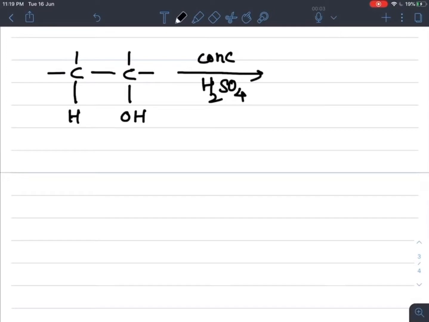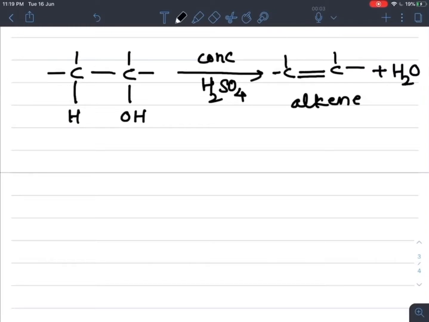What happened? By the removal of H2O, the valency of carbon is changed. So when these 2 groups are removed, the single bond is converted into a double bond. So we get the corresponding alkenes by the removal of a water molecule. This is the general reaction with primary, secondary and tertiary alcohols.